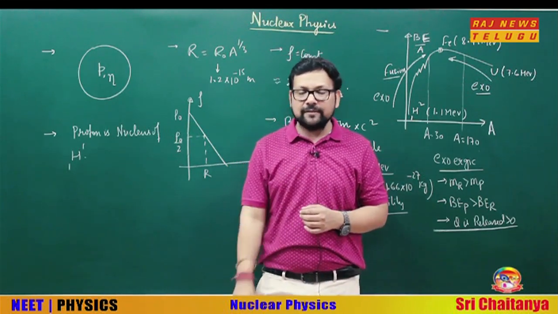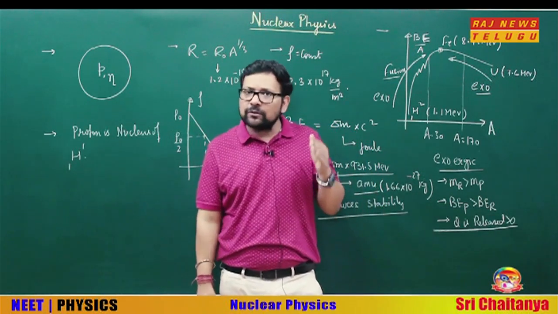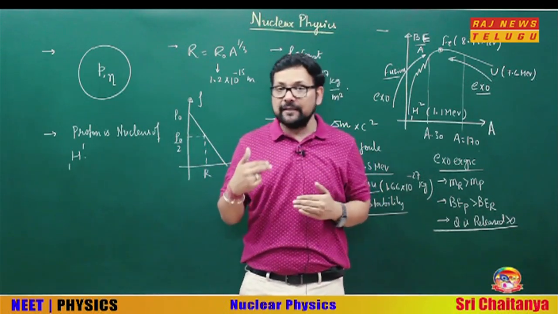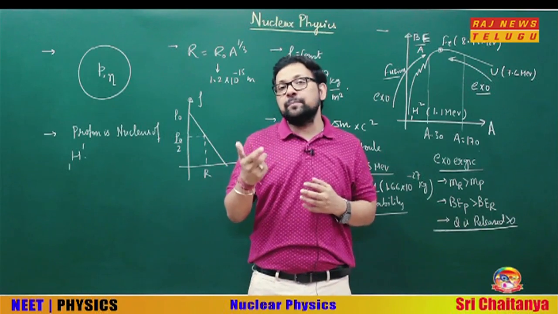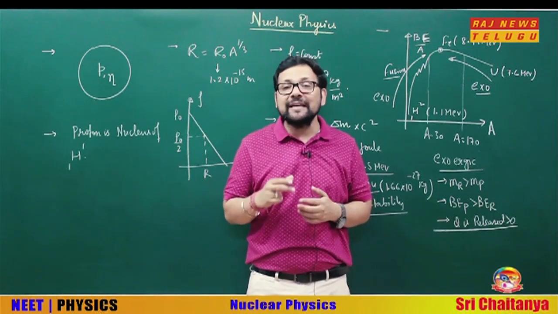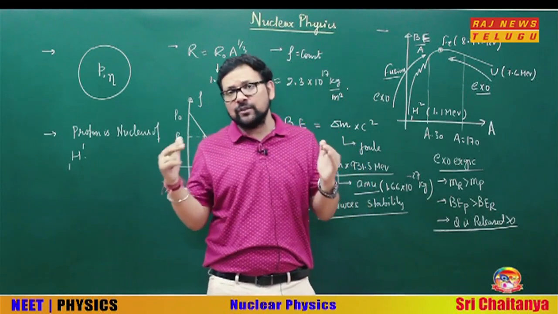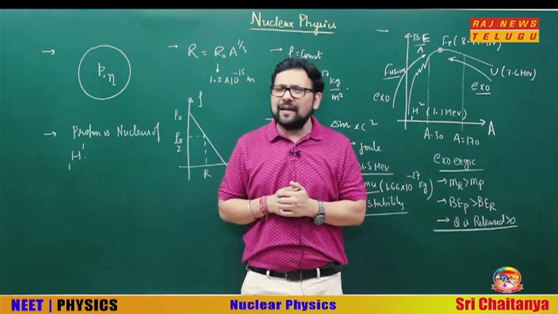From A equal to 30 to A equal to 170, nucleons are increasing, but the binding energy per nucleon is not increasing in that proportion. It is practically constant. So what exactly is happening there?